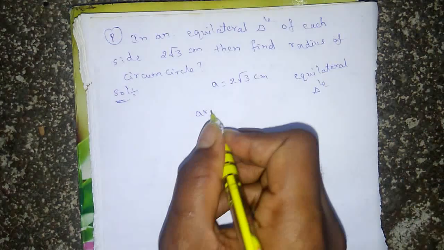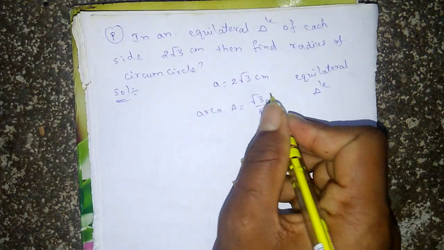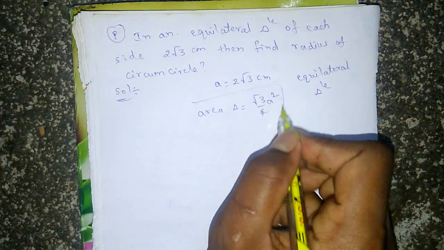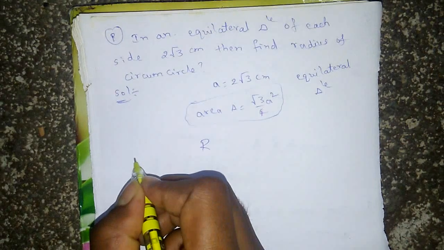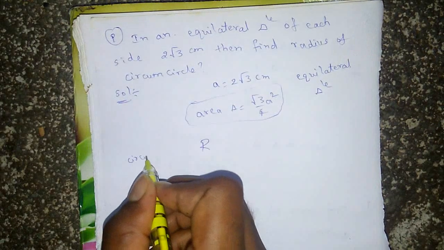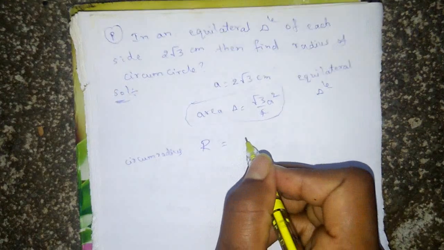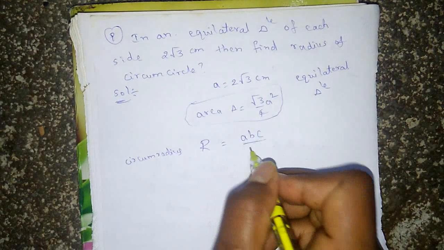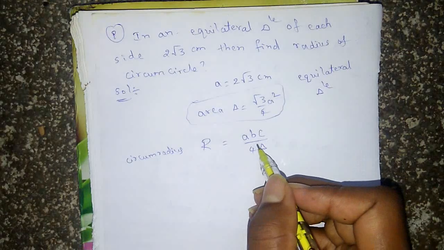Now area of the triangle is root 3 by 4 a square. That is the formula of equilateral triangle area. Now capital R, that is circumradius, is equal to, actual formula is abc by 4 delta in a general triangle.